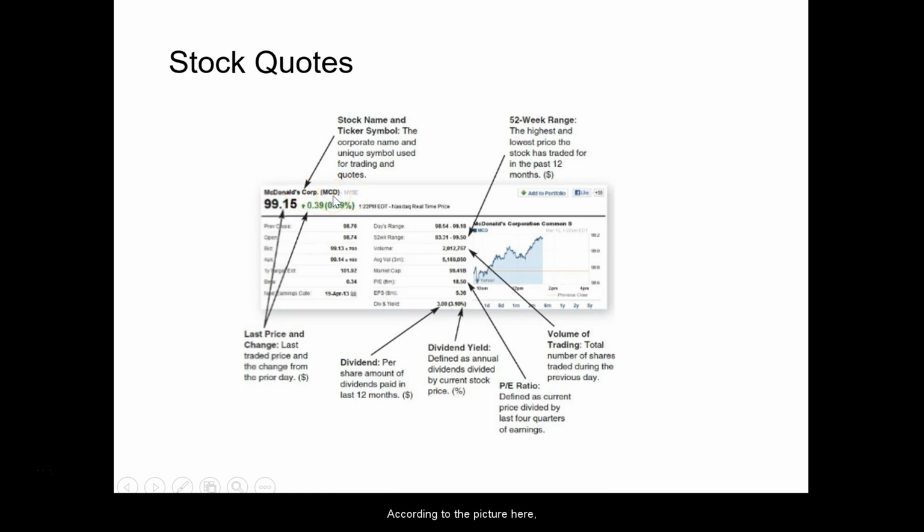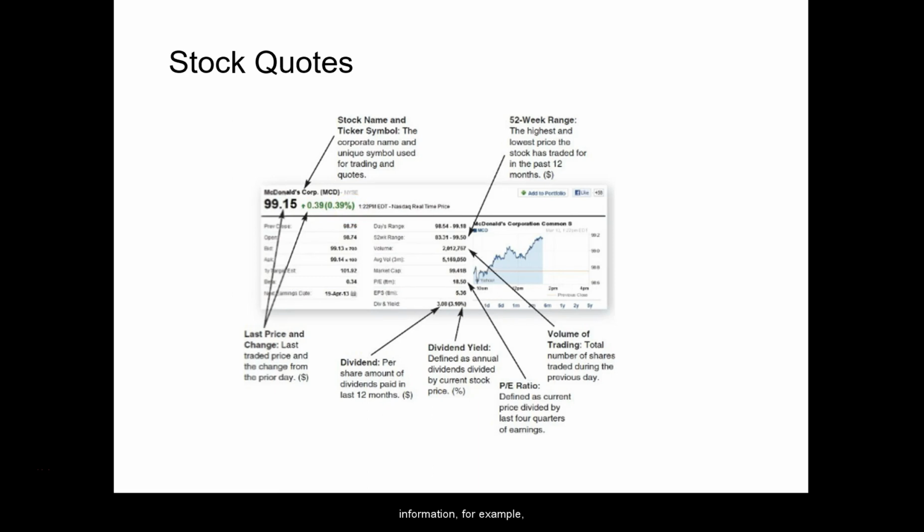According to the picture here, at this particular time, McDonald's was traded at $99.15. This is the current price, or say the last price of McDonald's stock, and that was 0.39 or say 39 cents higher than last day's closing price. And that is also 0.39% higher than last day's price.